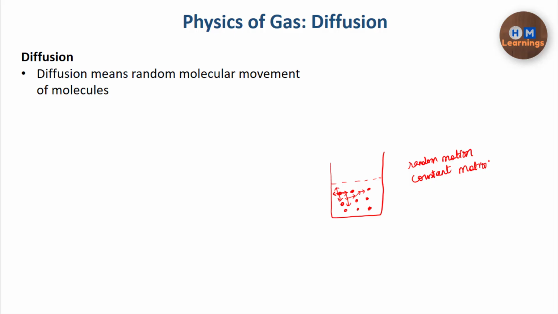Constant motion doesn't mean that the velocity of a water molecule is going to be constant. No, the velocity of a molecule will change, but each water molecule will always be in motion.